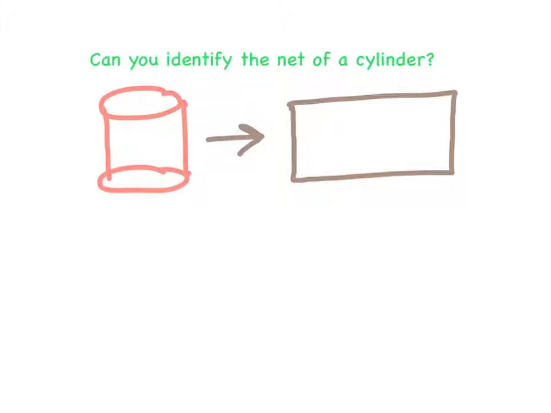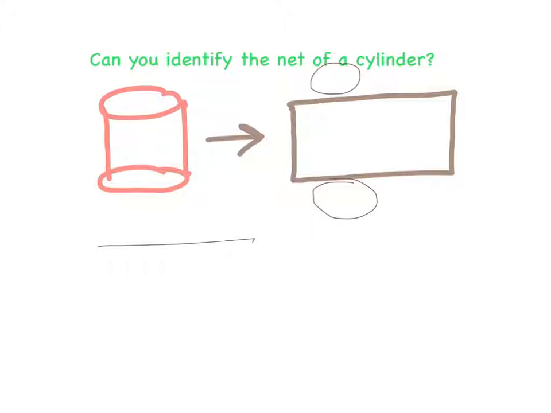So we're going to have to draw our circles on opposite sides of our rectangle. So the accurate picture of a net for a cylinder would always be some size of rectangle, with the two circular bases on opposite sides of the rectangle.